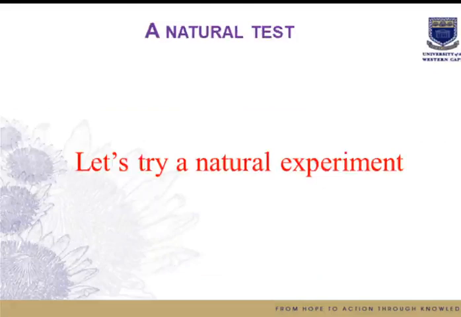Let us try a natural test of the theory of diminishing marginal utility. Since we are all consumers, you need to take a product that you love the most, for example, a box of chocolates, a packet of sweets, or a case of beer. Then consume 1 unit of the product at a time consecutively.